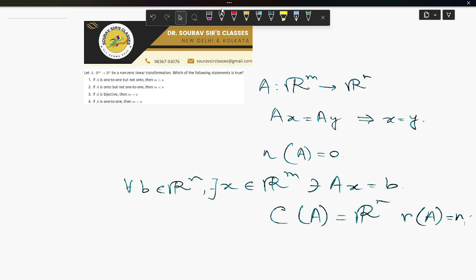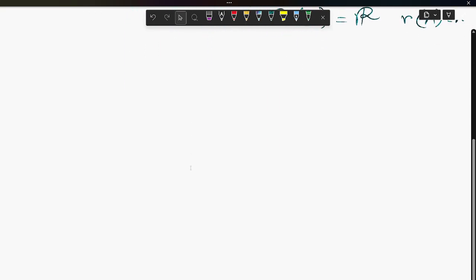Okay, so now we have to use another very important theorem to solve this question. Let me shift the screen first. The important theorem is the rank-nullity theorem.